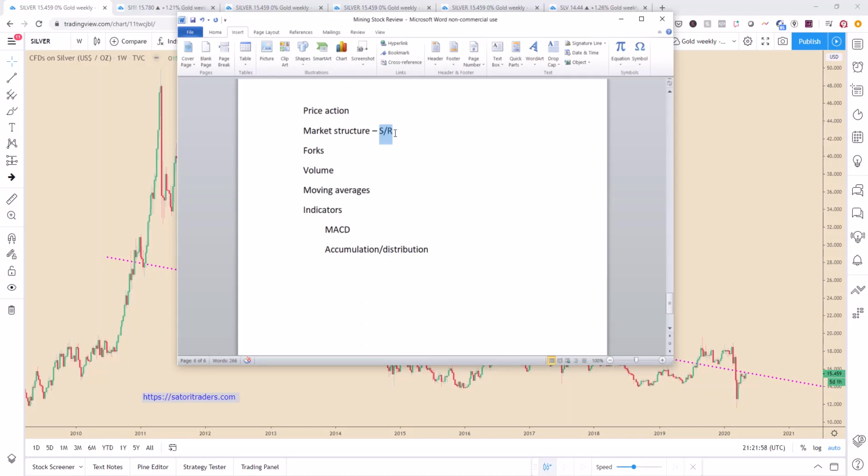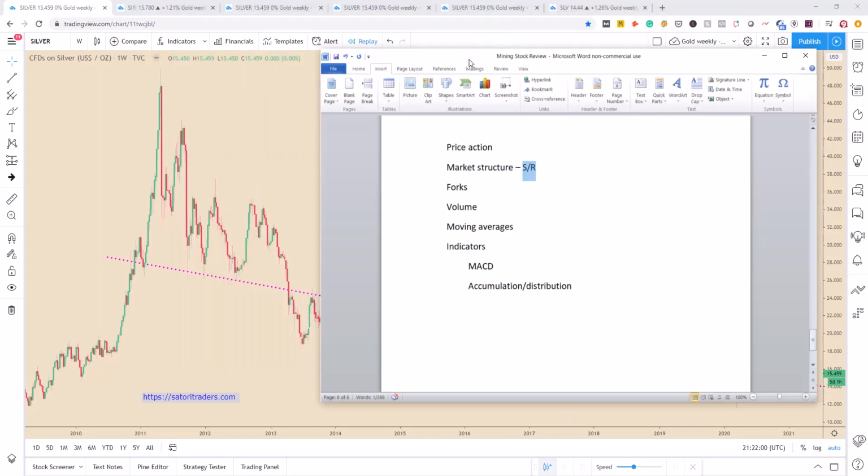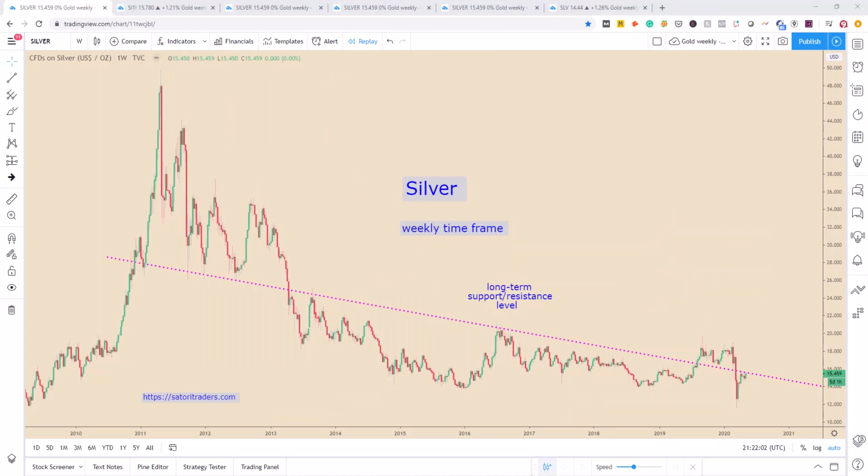Support and resistance levels are key to that. And that's exactly what we're seeing here. This pink dashed line is a long-term support resistance level. And another key point, they're all key points, eh?